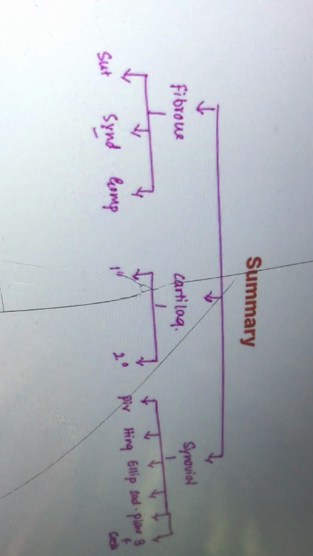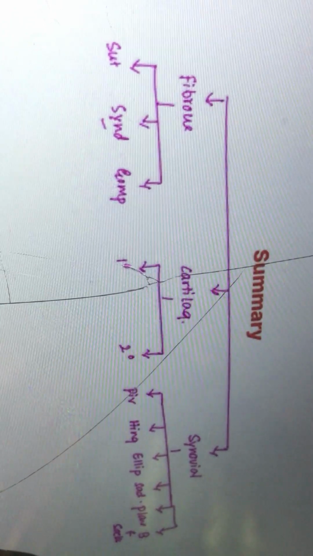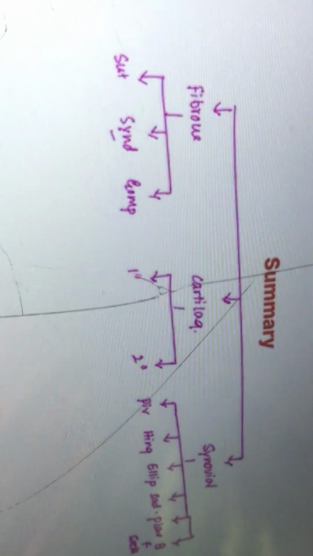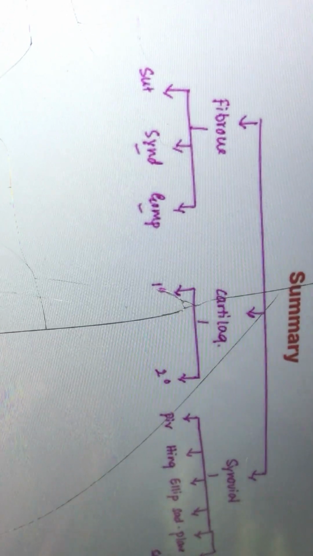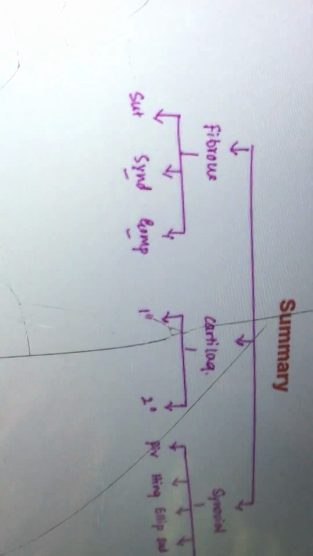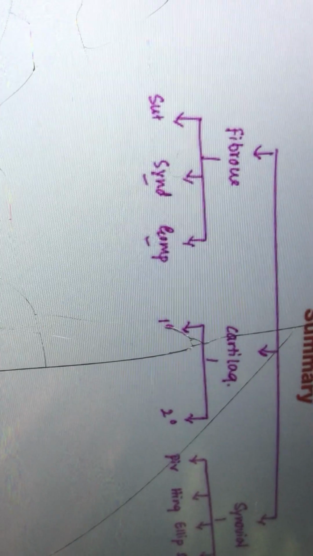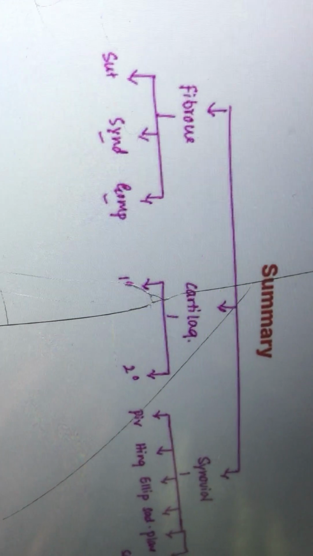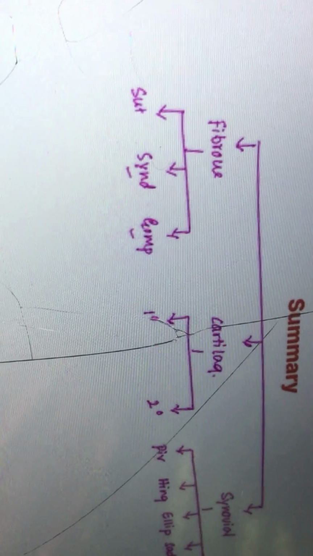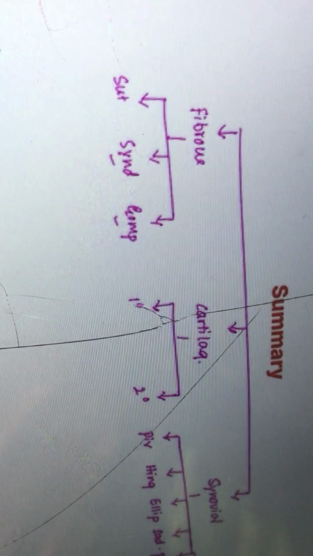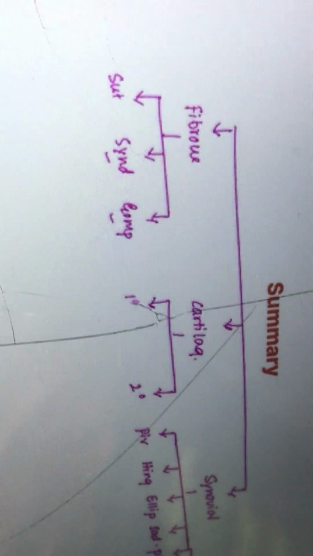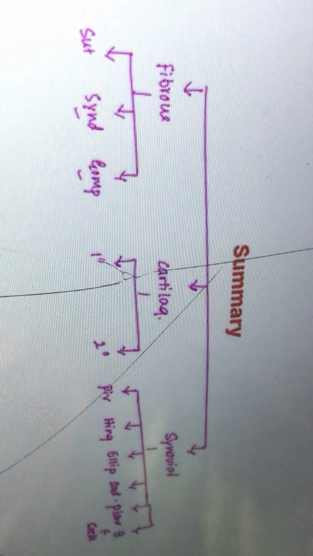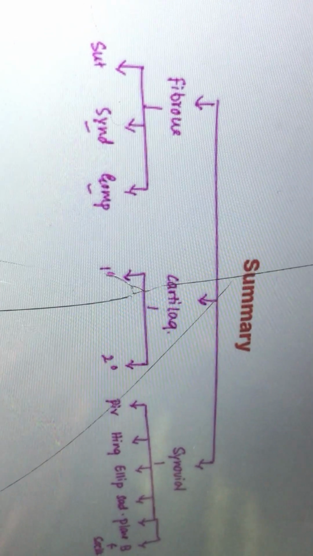Syndesmoses: the radioulnar joints, the middle radioulnar and the middle tibiofibular joints. Gomphoses: tooth in socket. Primary cartilaginous joints are synchondroses, which are present in all growing bones. Secondary cartilaginous joints are present usually in midline, starting from manubriosternal, xiphisternal, pubic symphysis, then intervertebral joints connected by intervertebral discs.